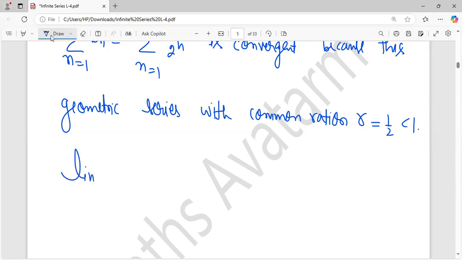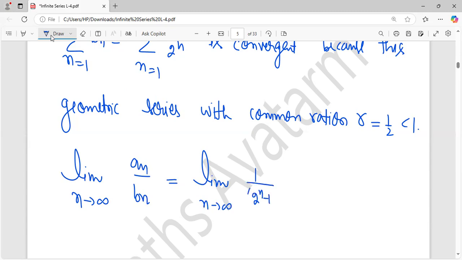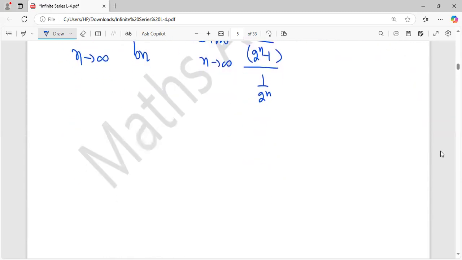Now what is the limit as n tends to infinity of An upon Bn? This is 1 upon 2 to the power n minus 1, upon 1 upon 2 to the power n. So this is equal to the limit as n tends to infinity of 2 to the power n upon 2 to the power n minus 1.